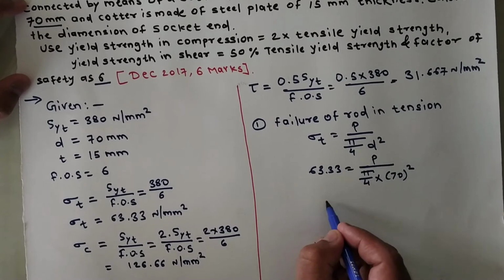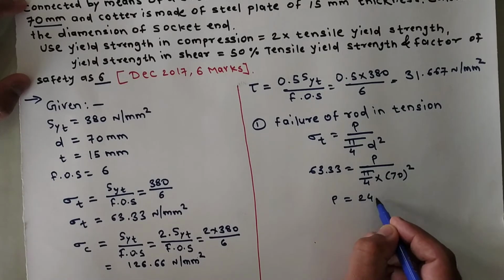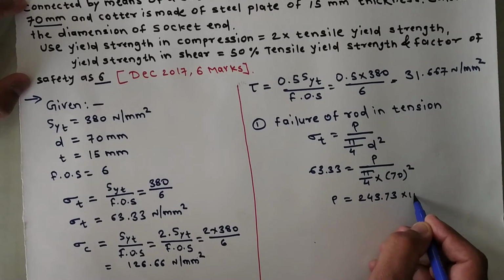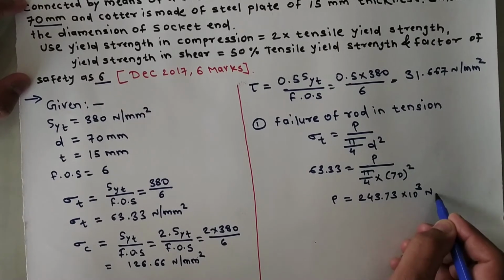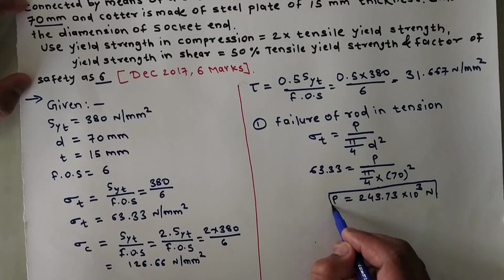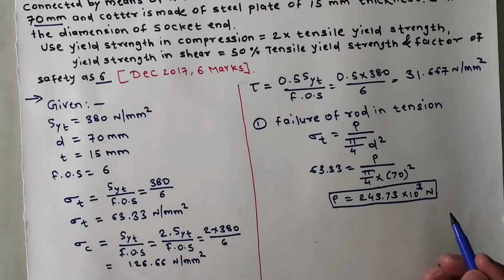So at the end we get P, which was unknown, as 243.73 into 10 raised to 3 Newton. So we have got the axial tensile force on the rods.